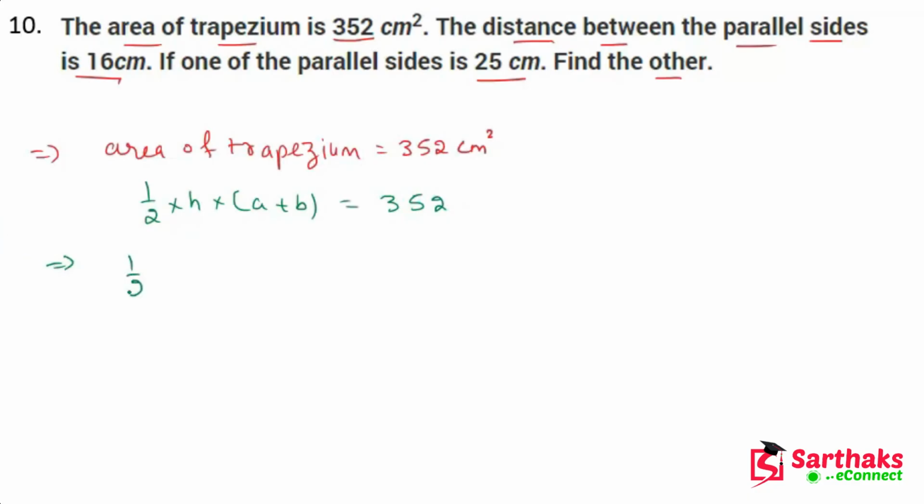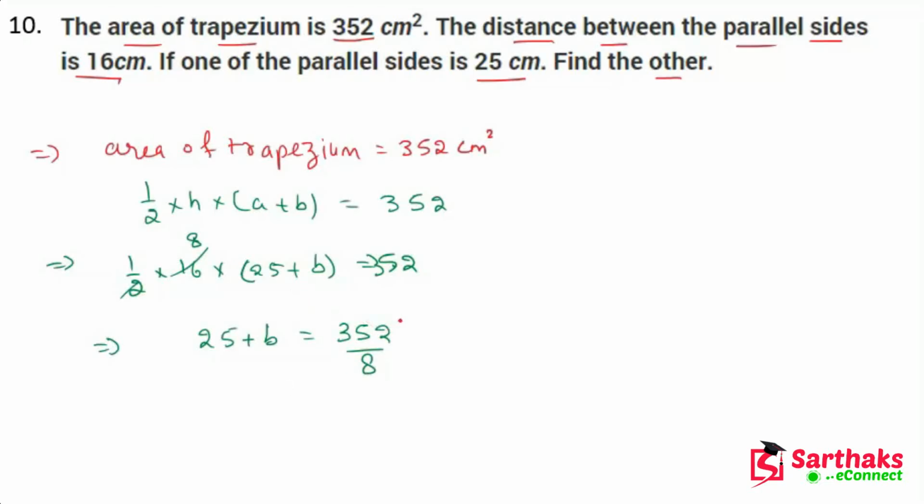So half into height, which is 16, into 25 plus B is equal to 352. So we can divide 16 by 2 to get 8. So 25 plus B is equal to 352 divided by 8.